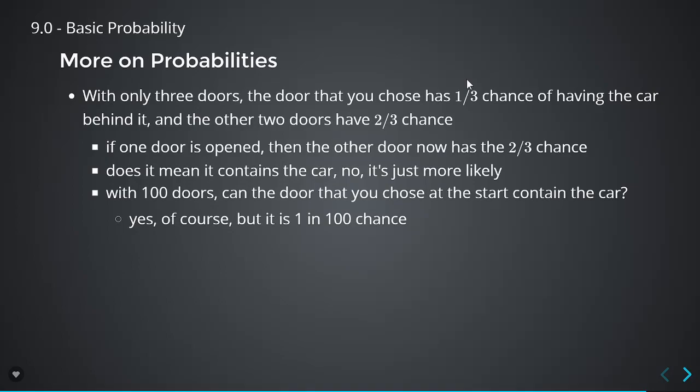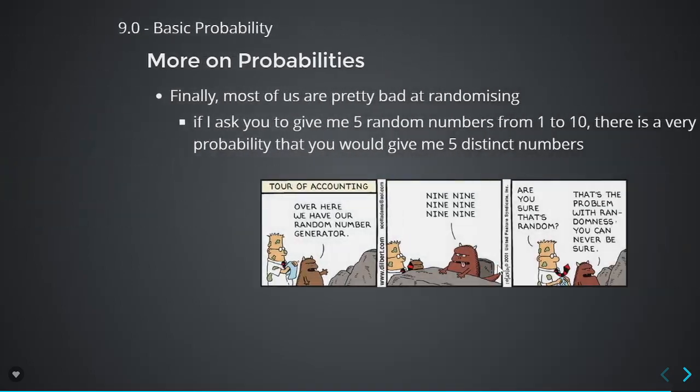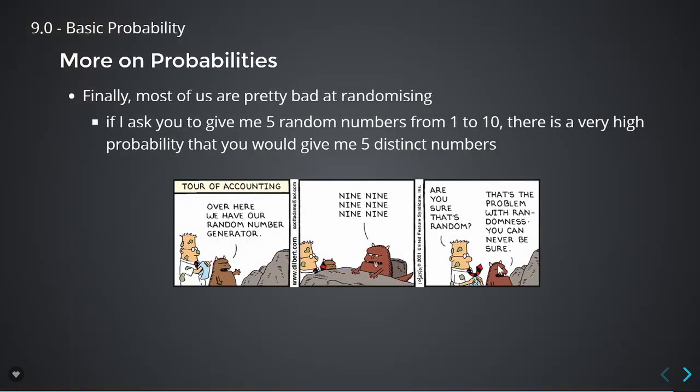If you stick with the door that you chose, you have 1 in 3 chance. If you swap, you have 2 of the 3 chance. Yeah, so hopefully that makes sense. It's a very nice problem. It just tells you that probabilities can be counterintuitive. It's not always what you think it is.